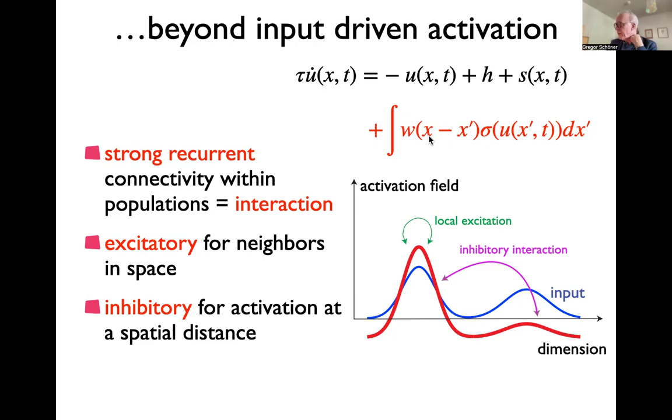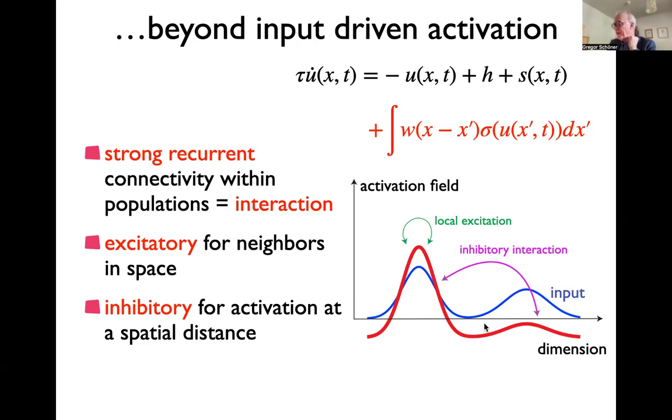It's never perfectly true. And for short distances, this would be excitatory. So once you have activation, they're sort of mutually excitatory within positive, suprathreshold activation patterns. And if you look at larger distances, there are overall inhibitory connections, so that a peak here would suppress any other peak at a longer distance.